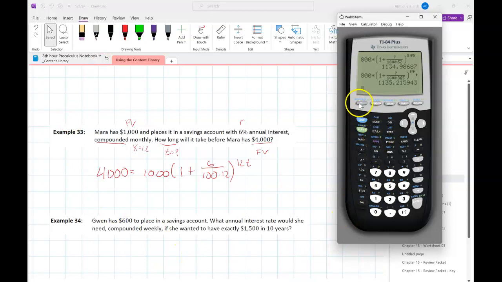So to do that, into y1, what am I going to type? 4,000. Great job. And into y2, what am I going to type? The other side, right? All that other stuff.